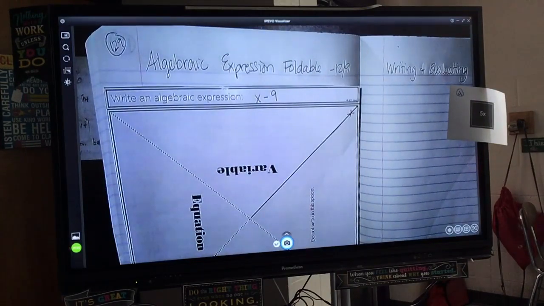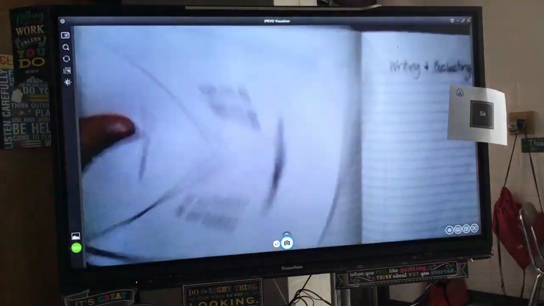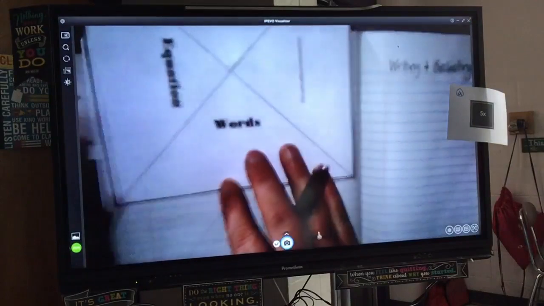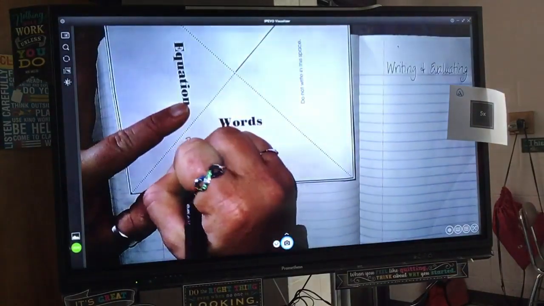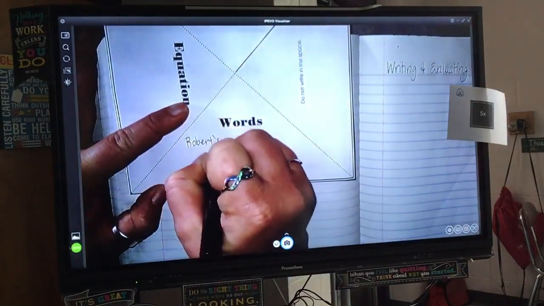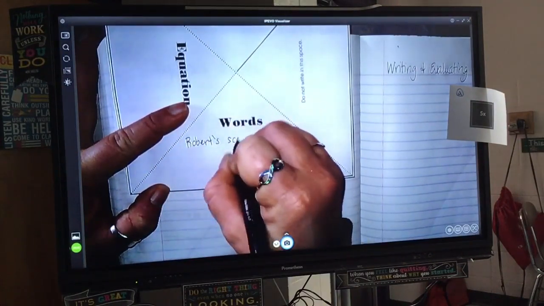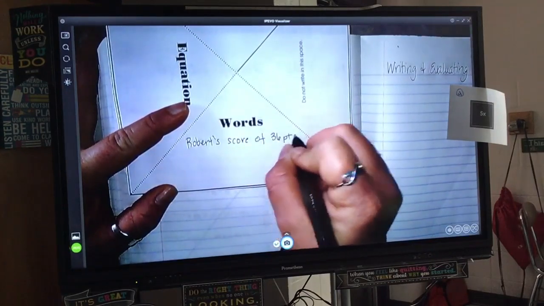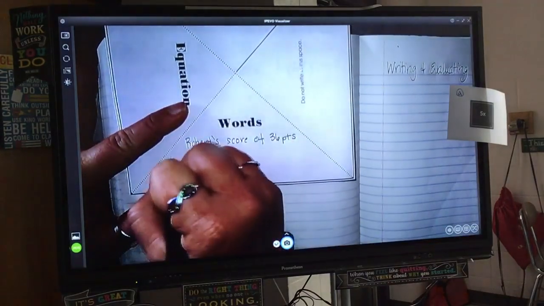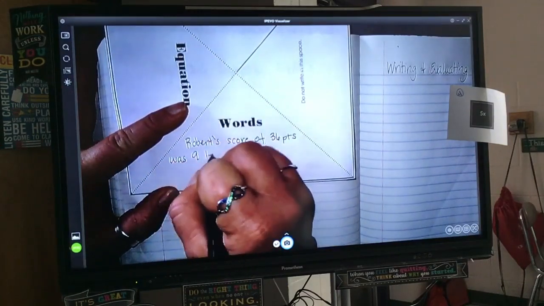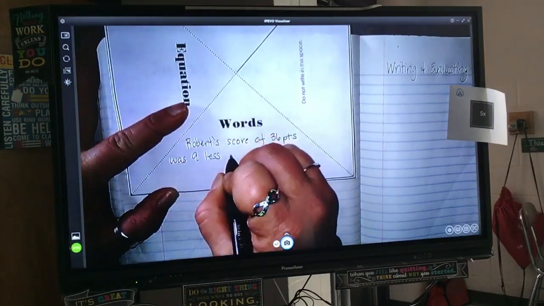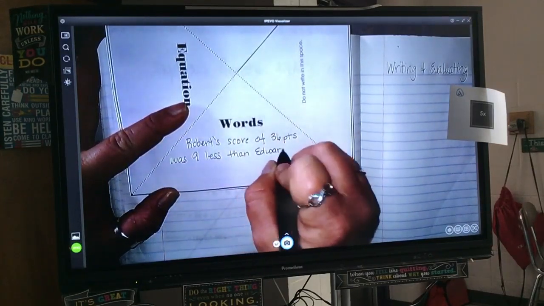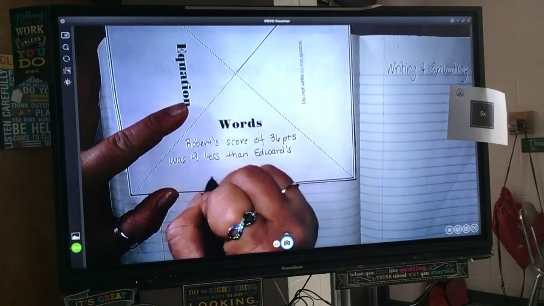All right, so our variable. Let's start with our words, just kidding. So we're going to write a word problem. The word problem is: Robert's score of 36 points was 9 less than Edward's score.